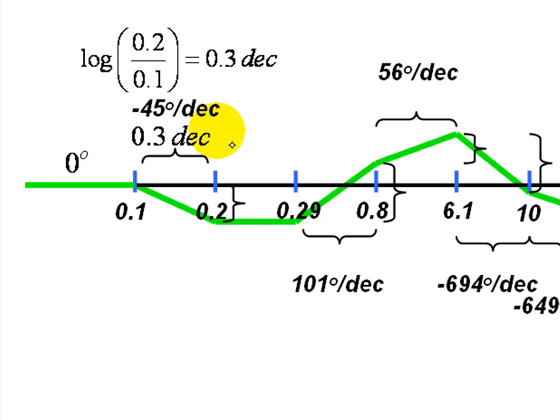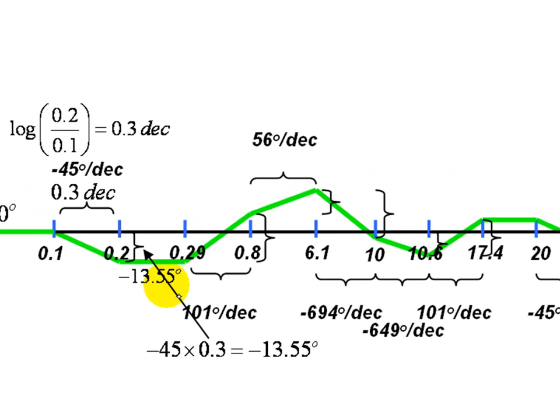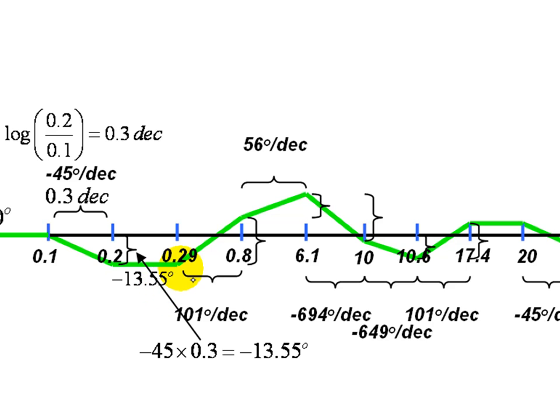Multiply that times the slope, negative 45, and get the actual drop between the first two knee points, 13.55 degrees. So, if the value at 0.1 was 0, then the value at 0.2 has to be negative 13.55 degrees. Let's do that once more for the segment between 0.29 and 0.8 radians per second.